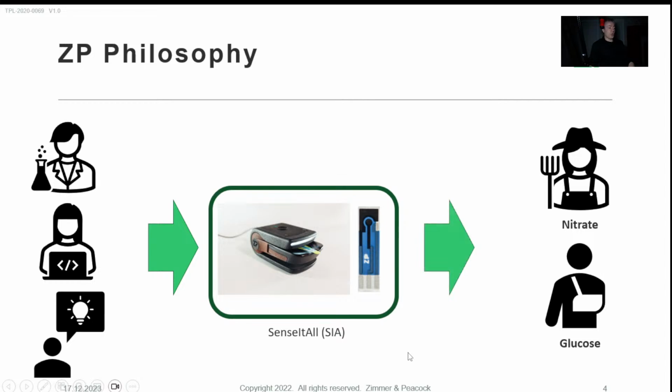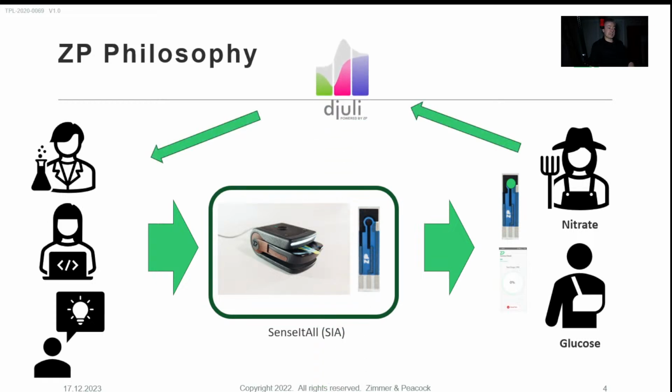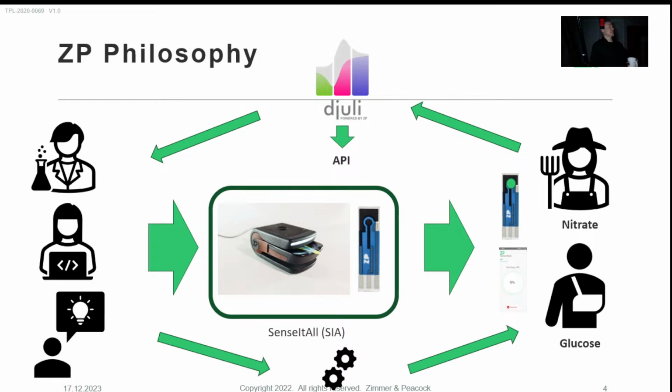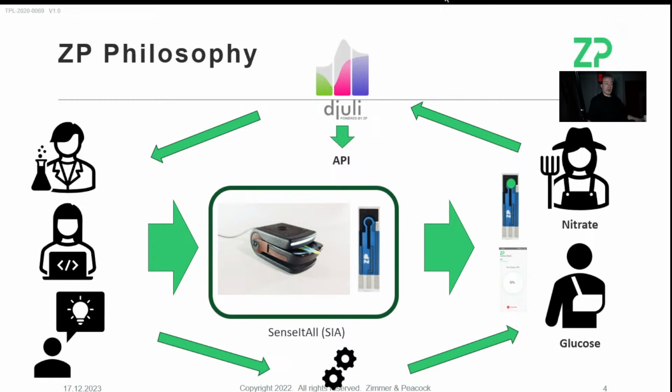So this is Sensi-All. Anyway, this really summarizes the whole philosophy at ZP, which is get technologies into people's hands as quickly as possible, start collecting data, and then start iterating to improve how the system performs in that real world. Too much time is spent building hardware, building sensors, building electronics, and then people find out that what they have is not really what the end user wants.